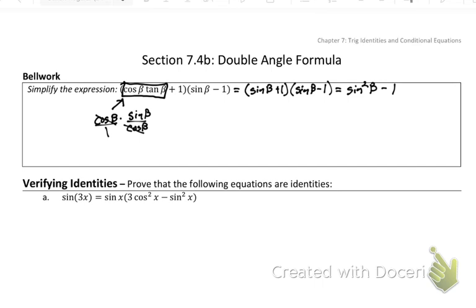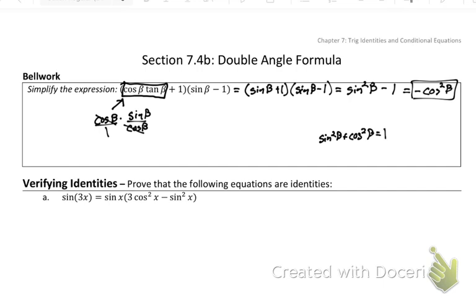Can I go further, though? Yes. What does that equal? Cosine squared. I heard the right answer and I heard a couple wrong answers. It is negative cosine squared beta. Because if we just took a quick second and wrote out the fact that sine squared beta plus cosine squared beta equals 1.